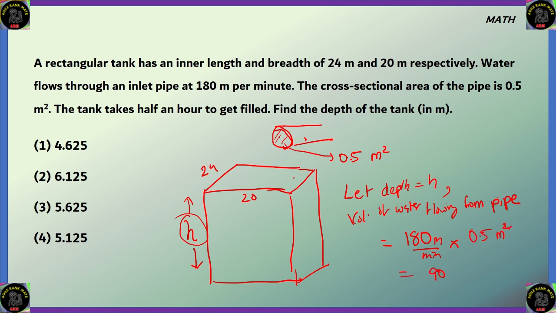So this would be equal to 90 meter cube per minute. So per minute, 90 meter cube of water is flowing from the pipe onto the rectangular tank.